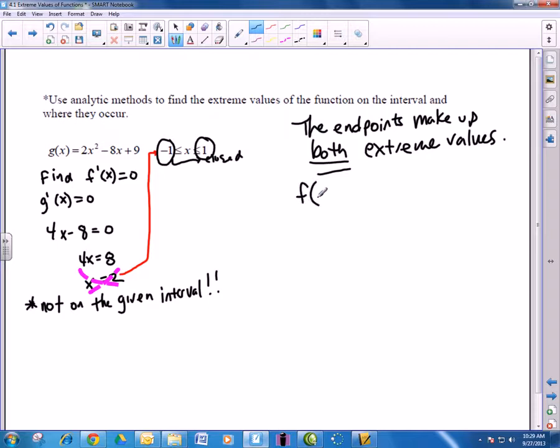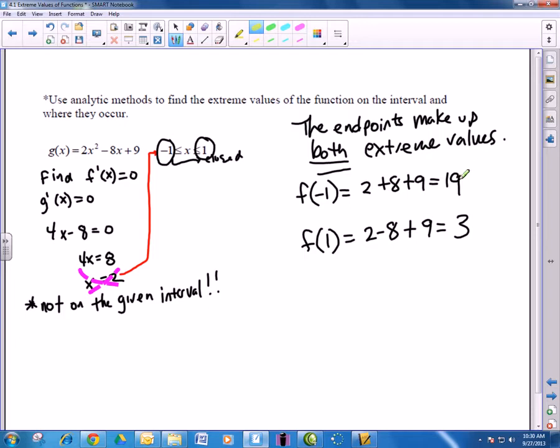We look at the value at -1 and compare that to the value at 1, because these are the y values. We want to compare these y values to see how high this one is versus how high this one is. So you would have 2 plus 8 plus 9 is equal to 19. Here you would have 2 minus 8 plus 9 is equal to 3.